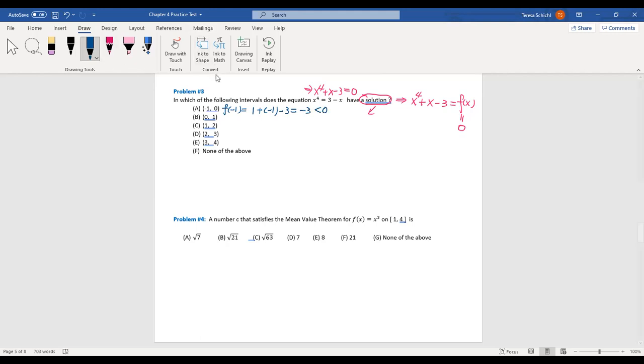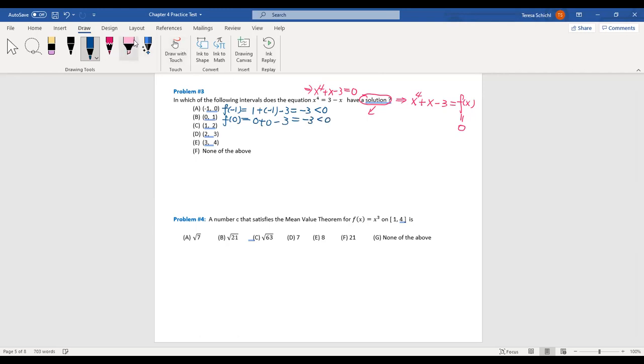So now let's take a look at f of 0. So f of 0 means 0 plus 0 minus 3. So what is that? It's -3 also, right? So this one here is less than 0.